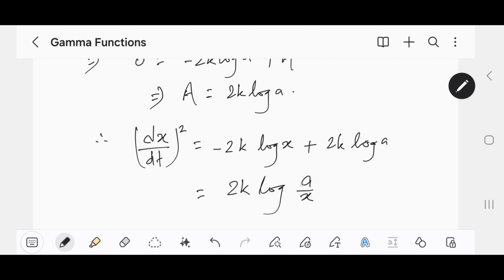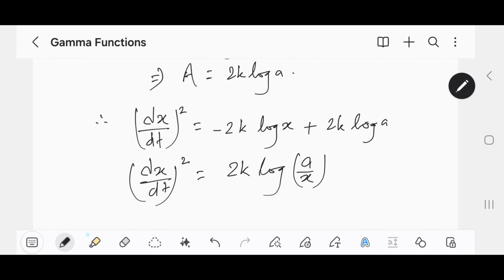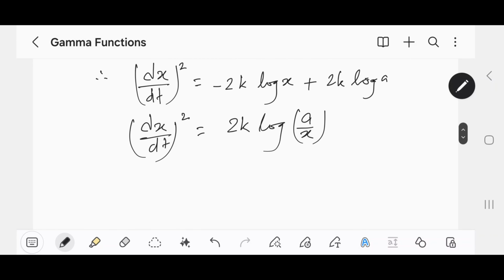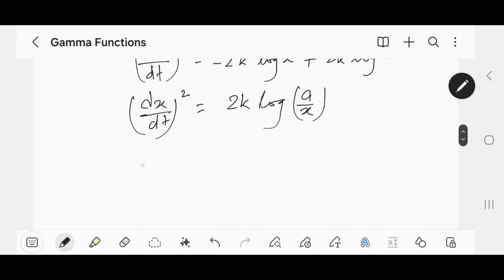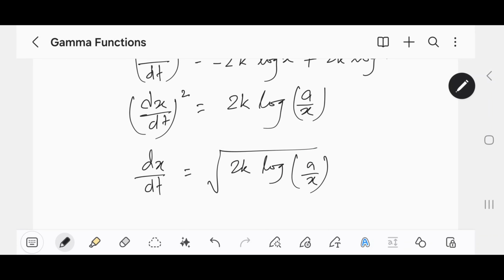So this is log a by x. After this, we can see that dx by dt equals root under 2k log a by x.